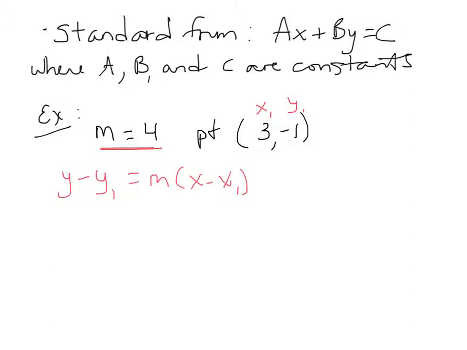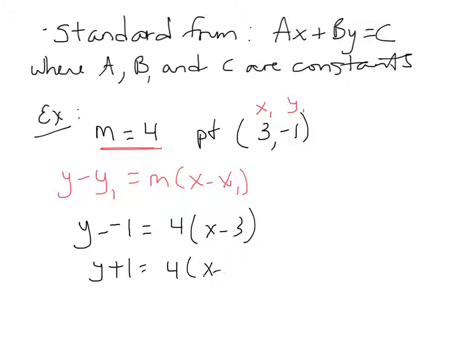So my equation would look like this: y minus negative 1 equals 4 times the quantity x minus 3. We would rewrite that as y plus 1 equals 4 times x minus 3.